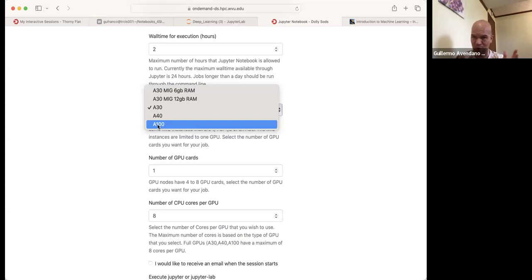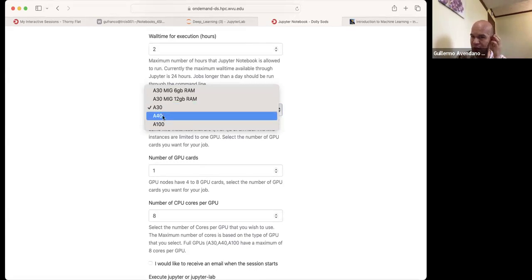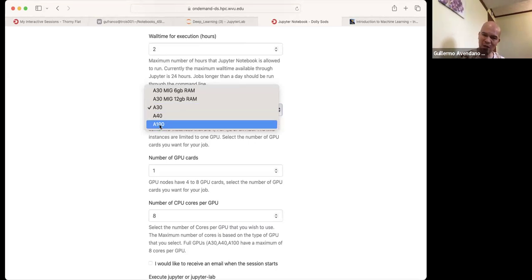Also important for people dealing with other kinds of networks with time series, like those from an electrocardiogram or time series from experimental data, things like that. When memory is important, sometimes the 24 gigabytes of GPU memory on the A30s and A40s is not enough, and you really need the A100s.